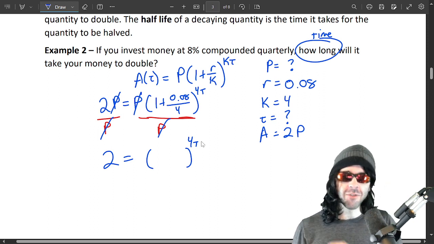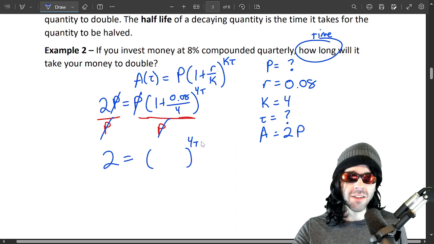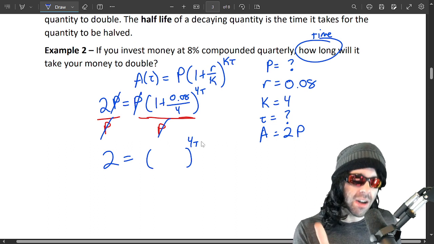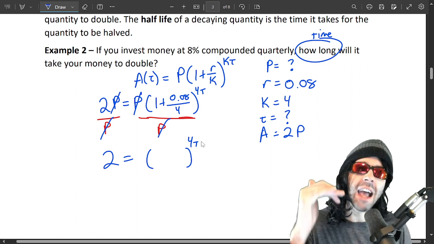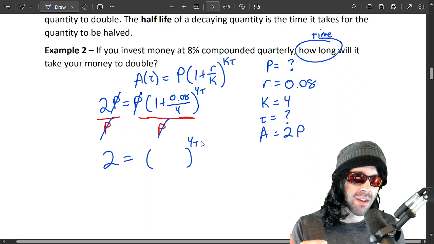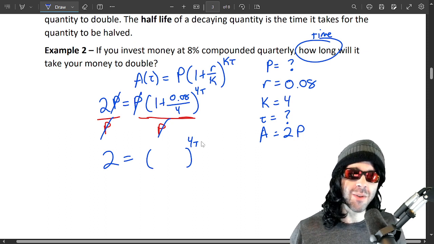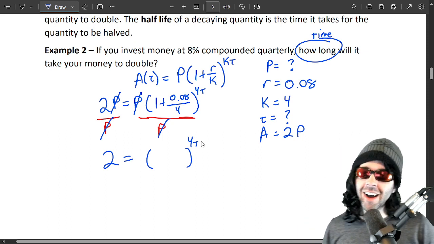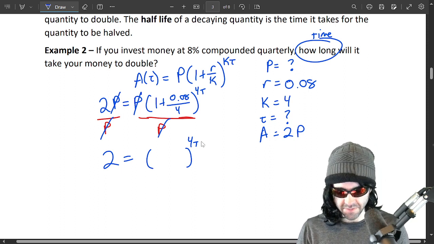Doesn't matter whether we started from 10 or 20. We're just finding how long it takes to double, because the time it takes to double actually doesn't matter how much you started with. This is exponential growth. It grows by a fixed percentage every year, so it doesn't actually matter what we started with at all.